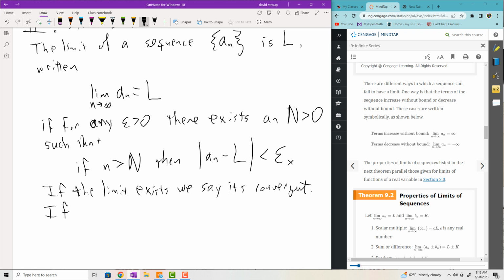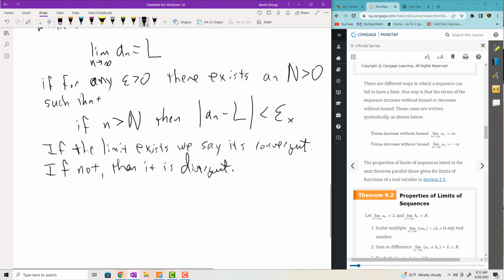If it does not exist, then we say it diverges. In our context, convergent means useful, and divergent, we just throw that stuff in the trash. In other contexts, it does have uses, but not here, not for us.